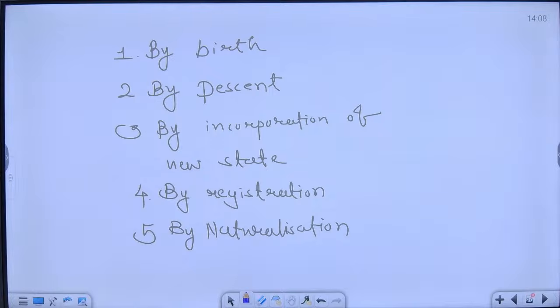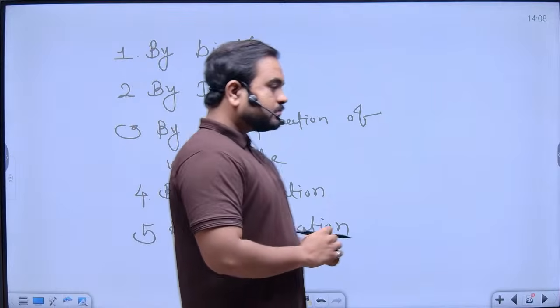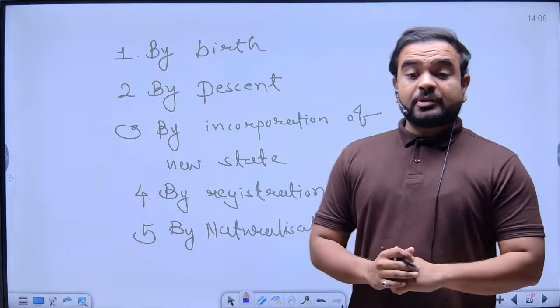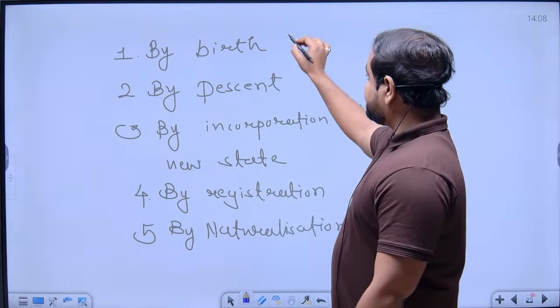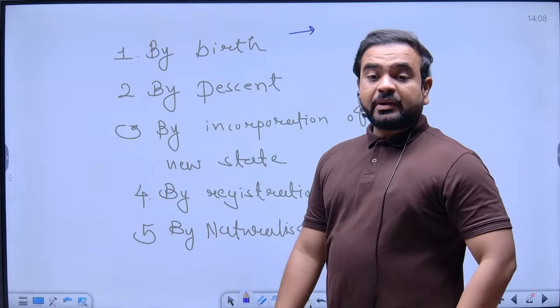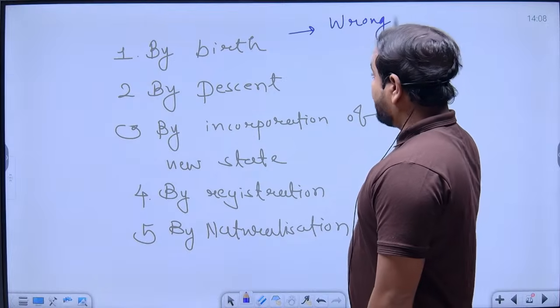Article number 9. Whatever ways for getting citizenship of India I have written here are mentioned in the Constitution. Is this statement right or wrong? See, this statement is completely wrong. Why?